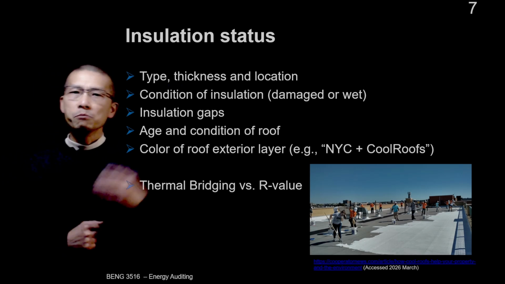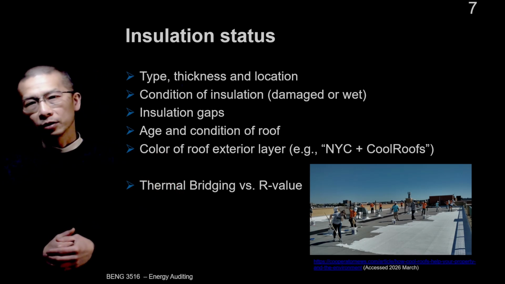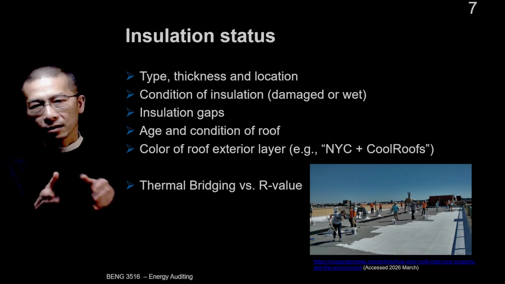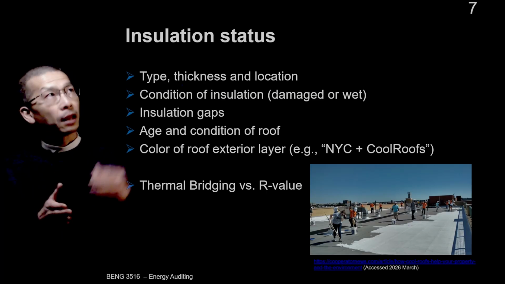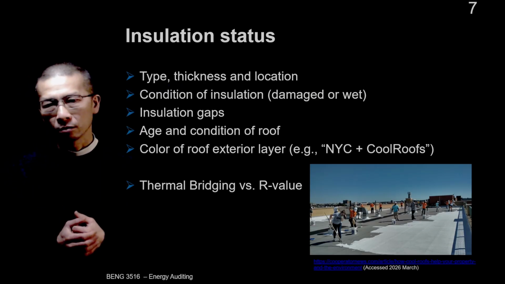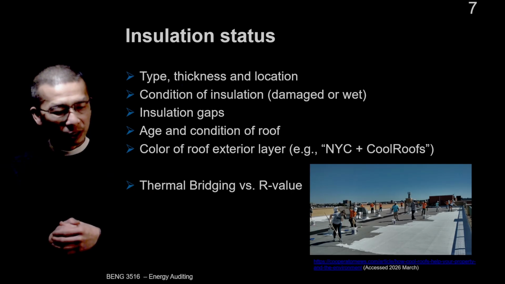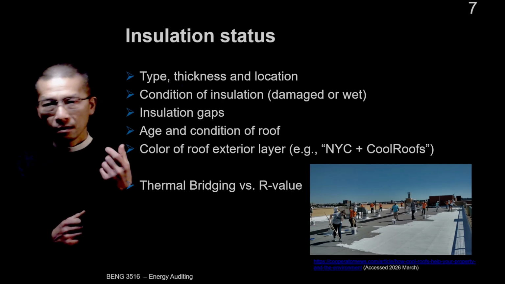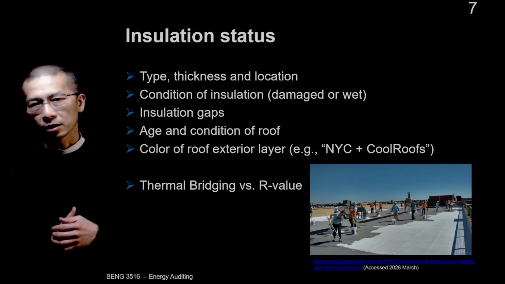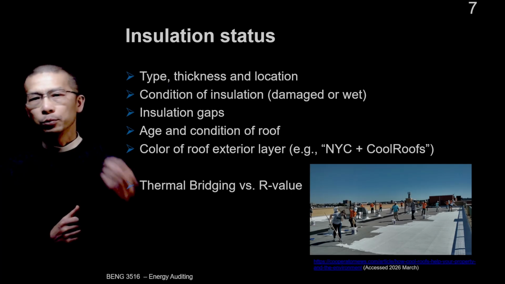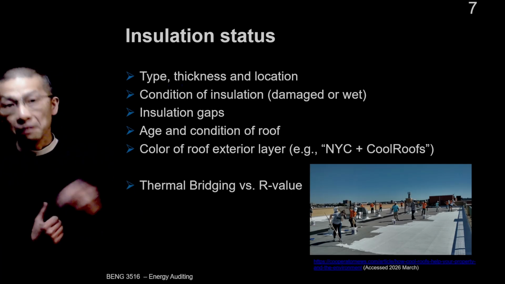Once we move past the windows, we also need to look at what's inside the wall and on top of the window, right? Let's start with the insulation type, thickness and also location. We don't just take the blueprint at face value, we verify it.